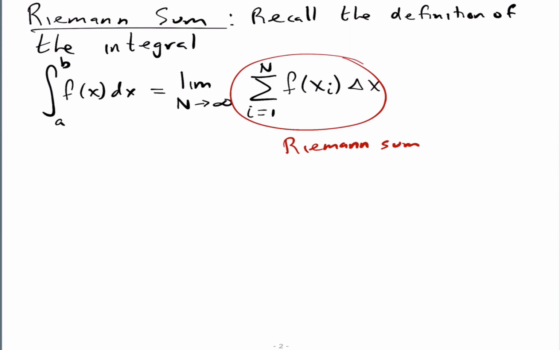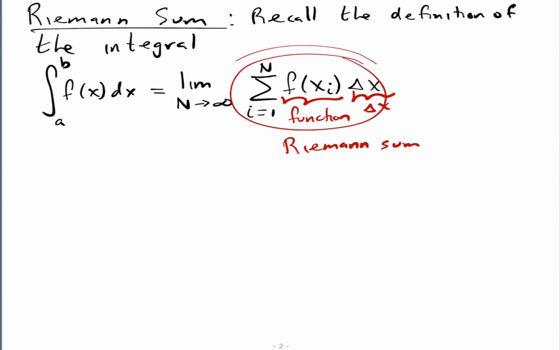The key things you need to have is some function, and then delta x. So you have to have that pattern. The function can be any function, but it has to be function value times delta x. It could be a function of y and delta y. That's fine, but it has to have that pattern.